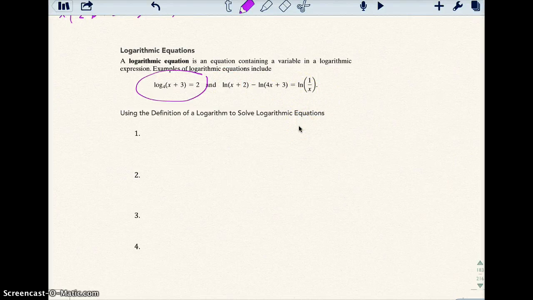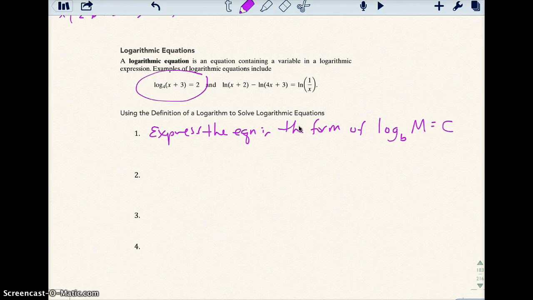So there's 4 steps to solving a logarithmic equation. The first one is we're going to express the equation in the form of log base b of m equals c. Sometimes this will already be done for you, and sometimes it won't.